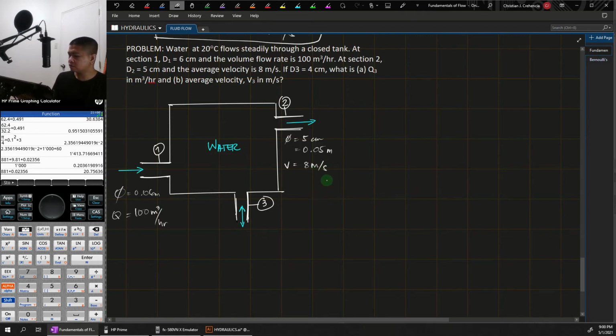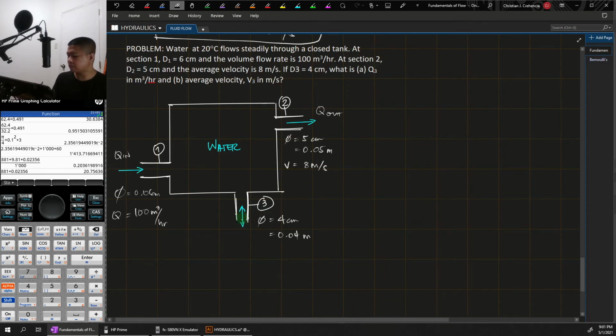So sa 3, so ang given na sa 3 is its diameter, 4 cm or 0.04 meter. Okay? So in this figure, sa mata natin na yung 1 is inflow, yung in, then this one is outflow. Okay? While yung 3, so it can be inflow or outflow na hindi natin alam.